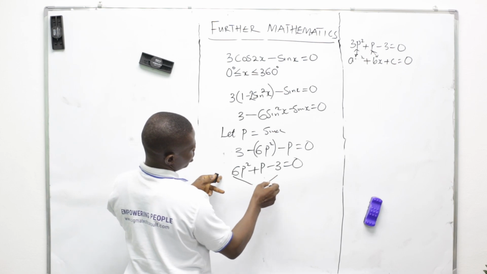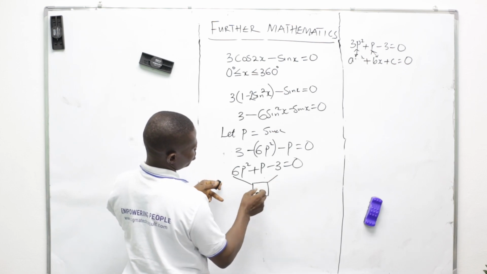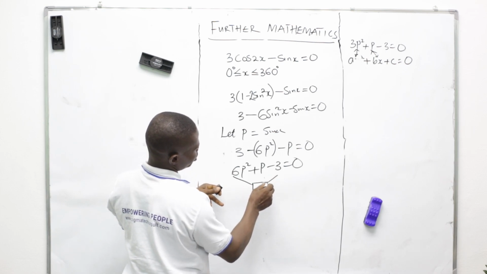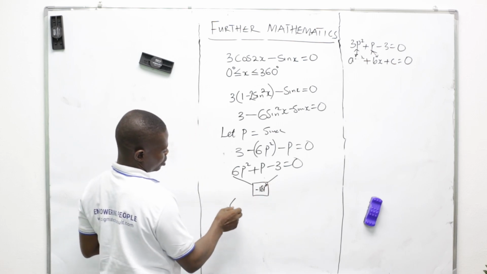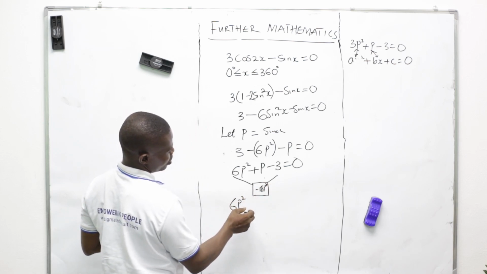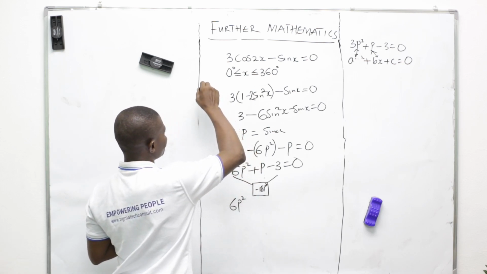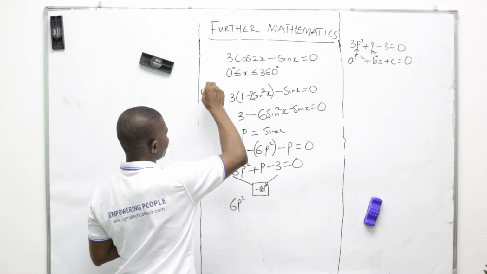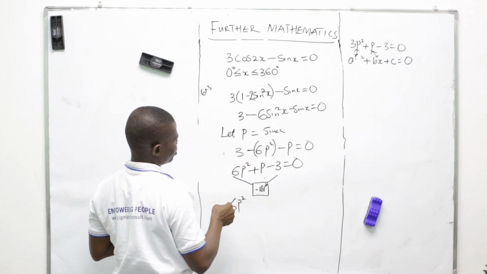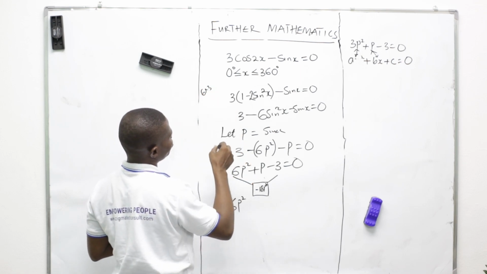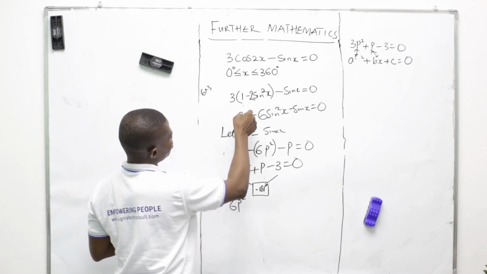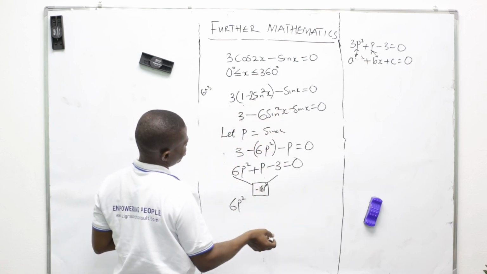This times this by linking is going to give us minus 18P squared. So 6P squared, 6 times 3 is 18. This times this, 3 times this, minus 6.